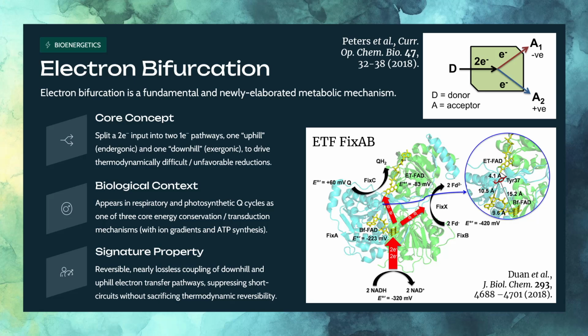And furthermore, it suppresses short circuits, preventing the electrons from accidentally flowing backwards, or basically going the wrong way in the delicate operation of using the energetically downhill traveling electron to drive the other electron uphill in order to produce a more powerful oxidative state, ultimately for use in energy transduction further down the line.